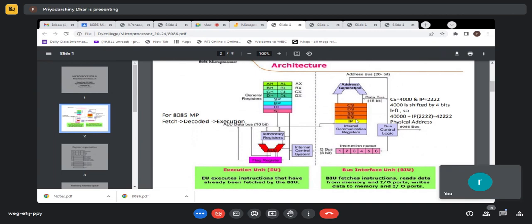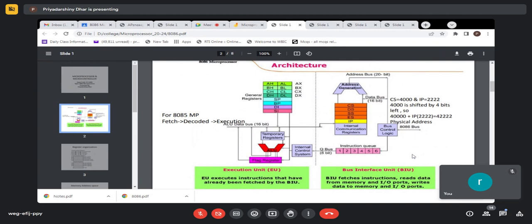Here IP is similar to our PC. The only difference is that here an instruction queue is present, but in the 8085 microprocessor there is no instruction queue.